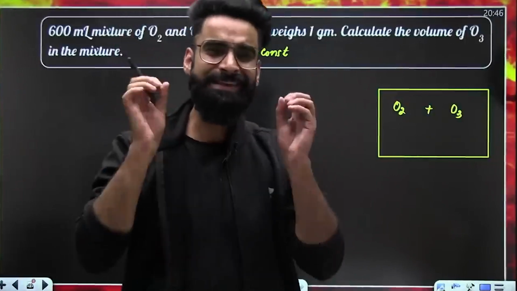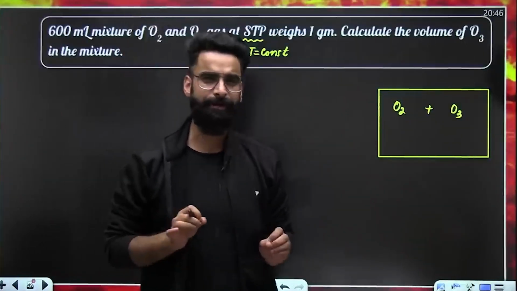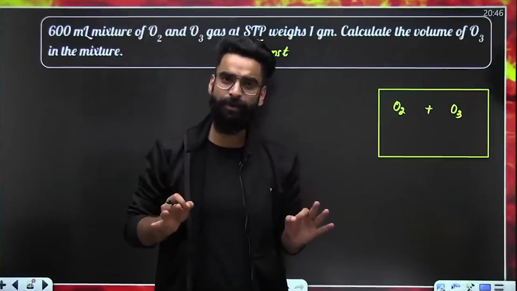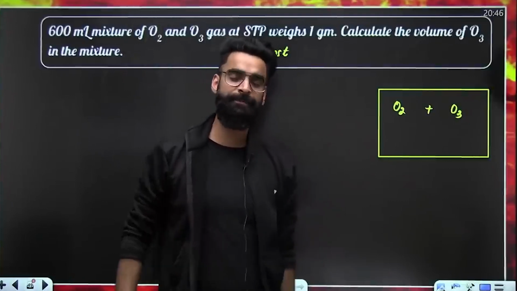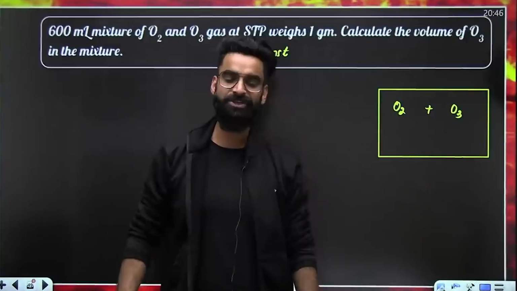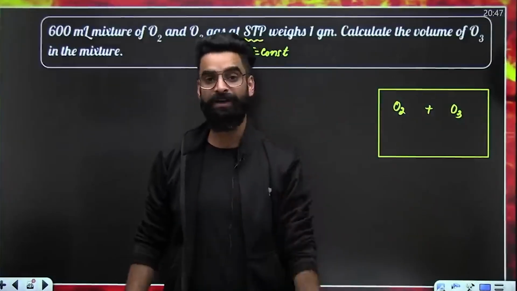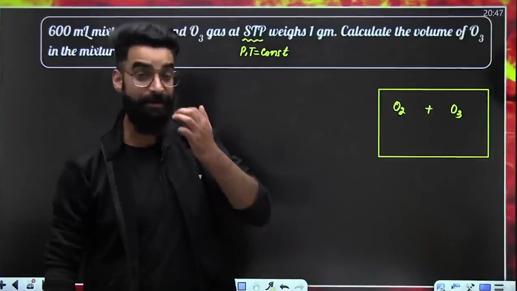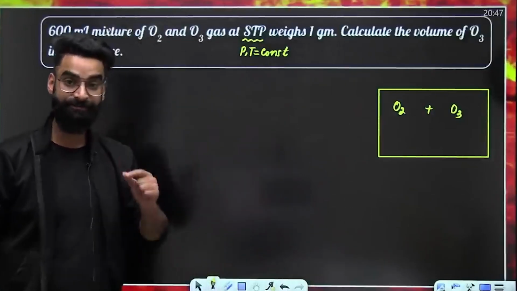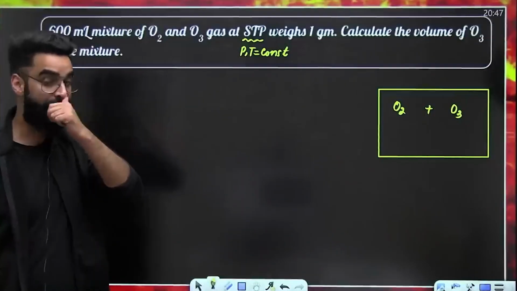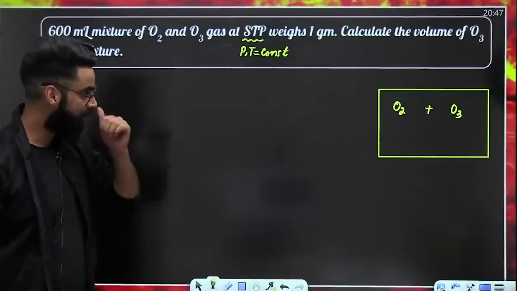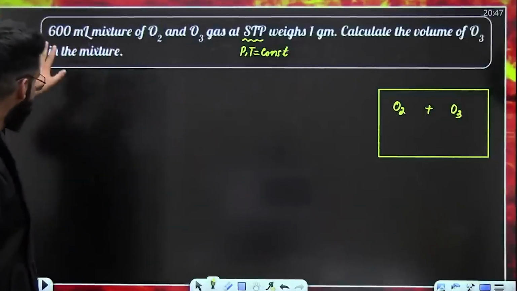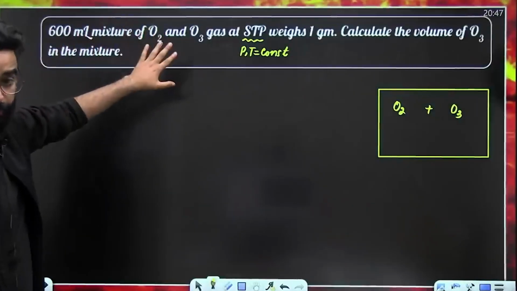So, one thing is striking my mind. If I need to calculate the average molar mass of the mixture, which formula do I need to use? I'll be using the volume alone. Correct? And how exactly? Have a look. Let's read the question: 600 ml mixture of O2 and O3.